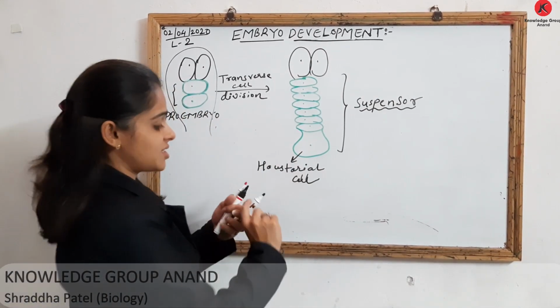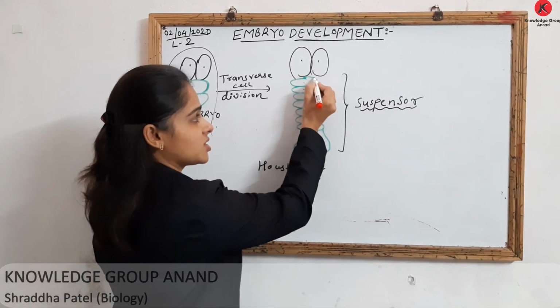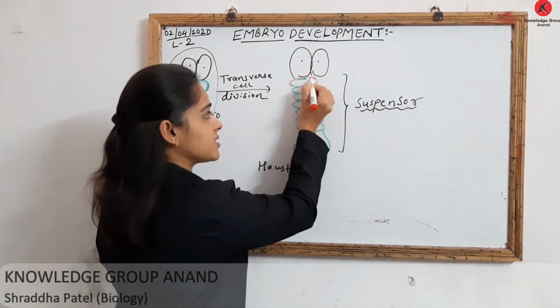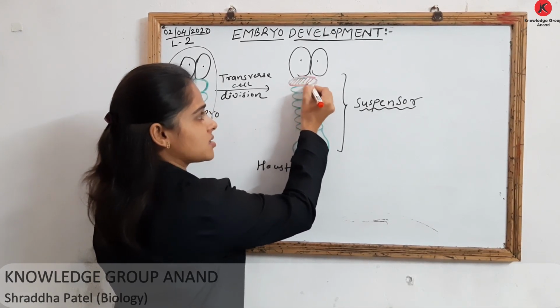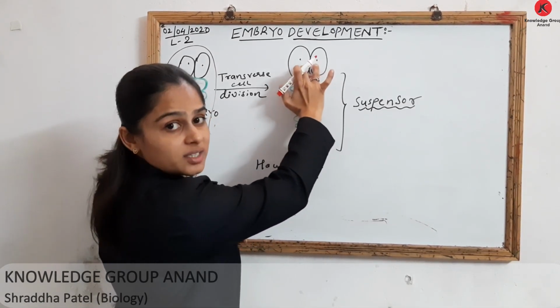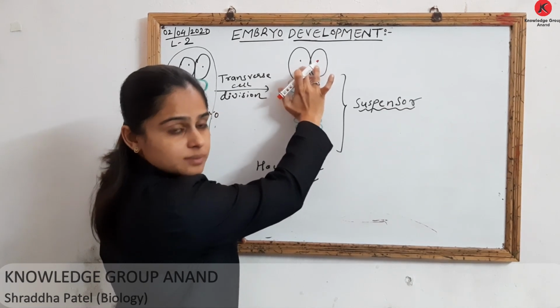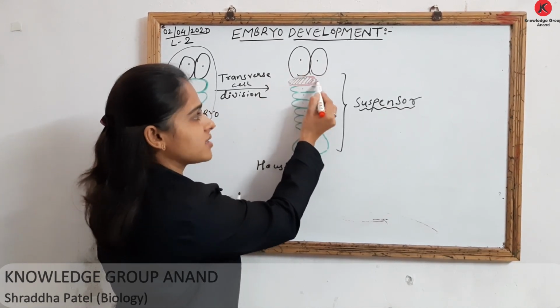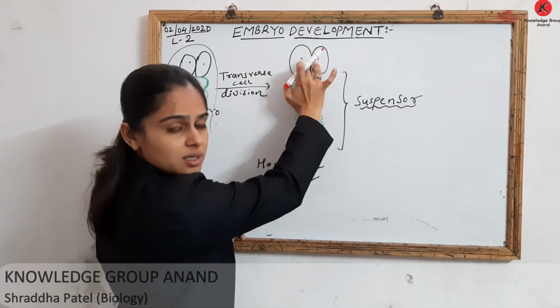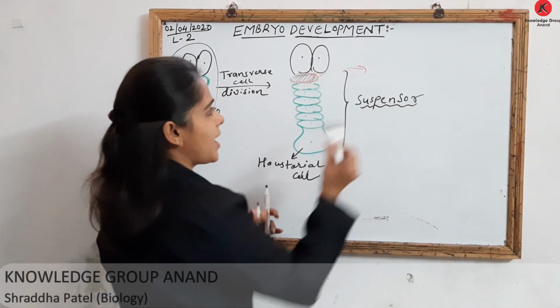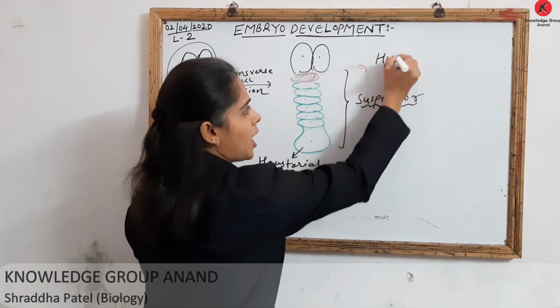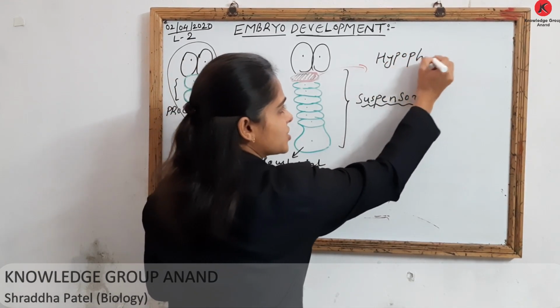The cell of the suspensor which is attached to this terminal cell is called your hypophysis.